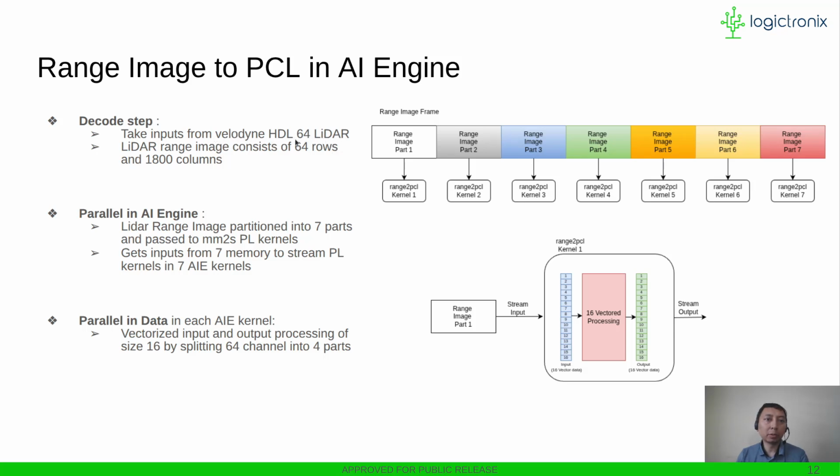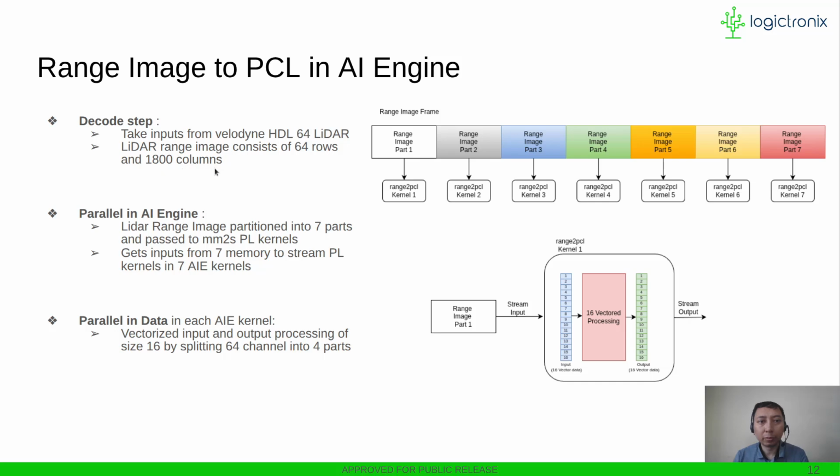This data is passed to our VEK280 platform through the Ethernet interface, and is decoded and converted into a range image consisting of 64 rows and 1800 columns. It consists of the distance for each channel, and its 360-degree rotation is divided into 1800 columns.